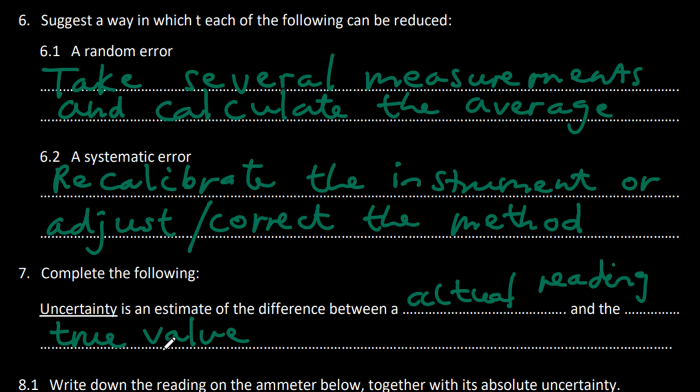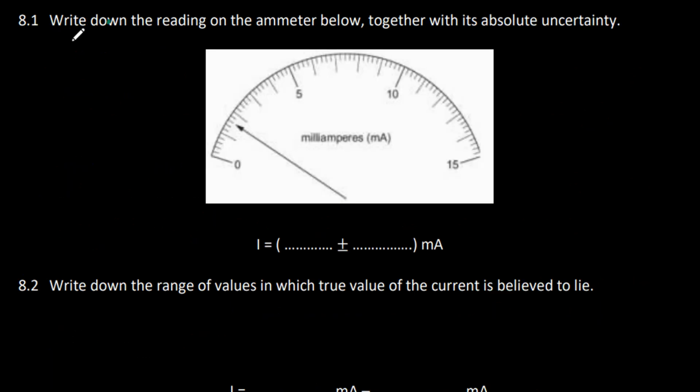So the true value of the quantity which we want to measure. Then in question 8.1 it says, write down the reading on the ammeter below. This is an analog ammeter, together with its absolute uncertainty.